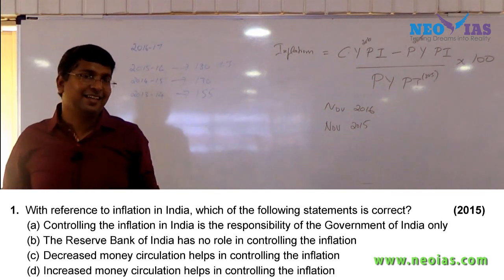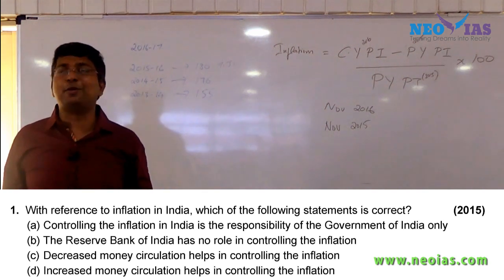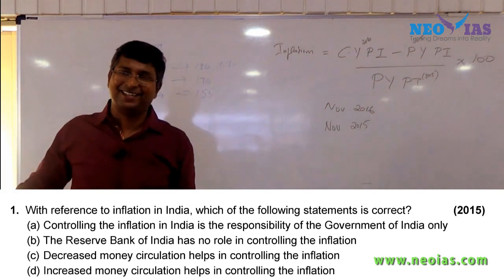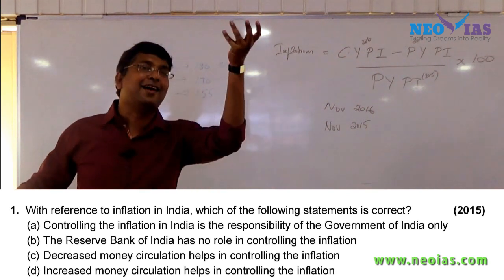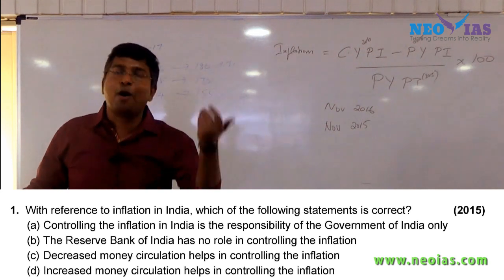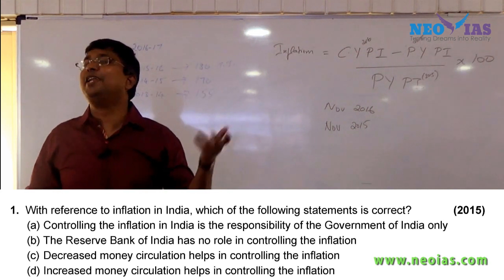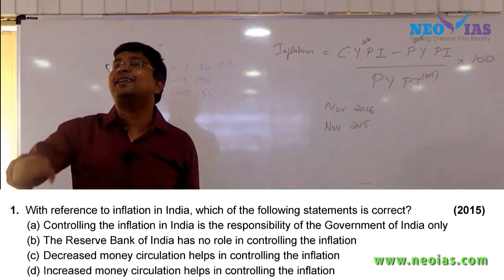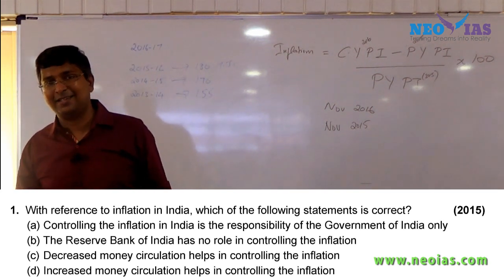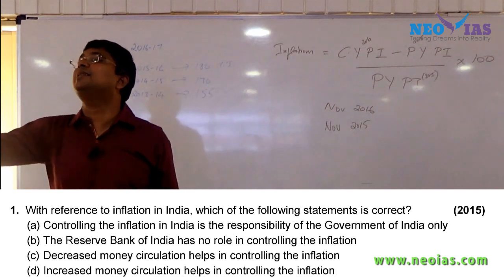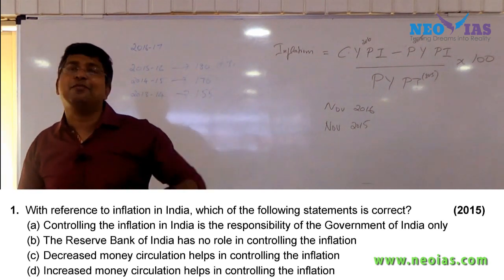It will decrease money circulation by using several instruments: by increasing CRR, by increasing the interest rate, by performing open market operations. It decreases the money circulation and influences the demand and the inflation.